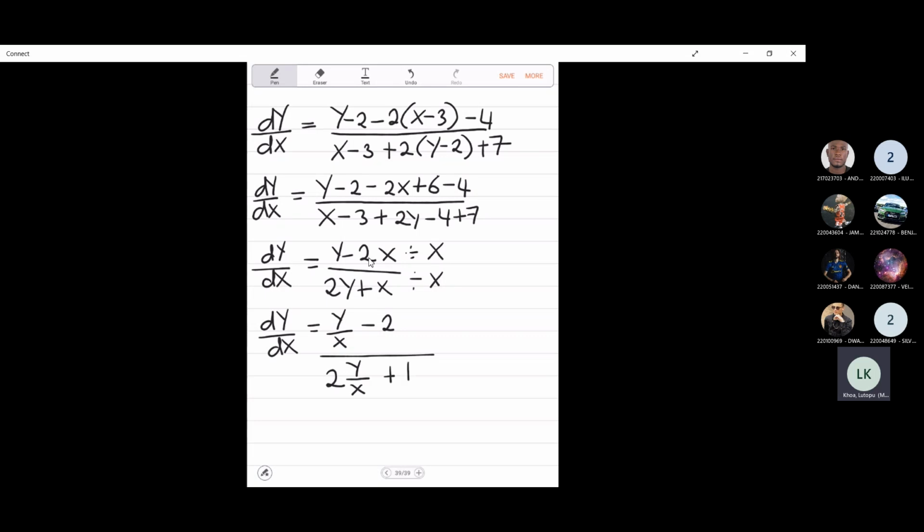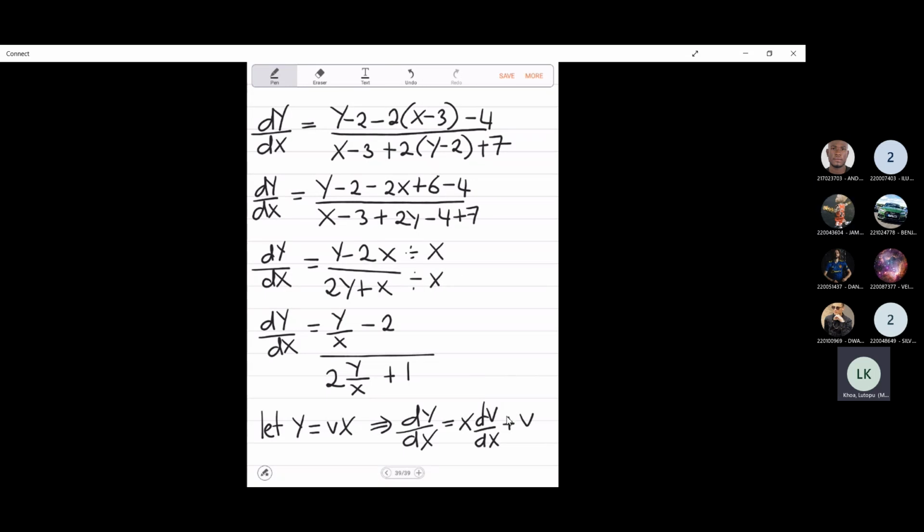Okay, and then, like we said, with homogeneous equations, we let big Y equal V times big X, and this means that dY/dX is X dV/dX plus V, like we did yesterday.